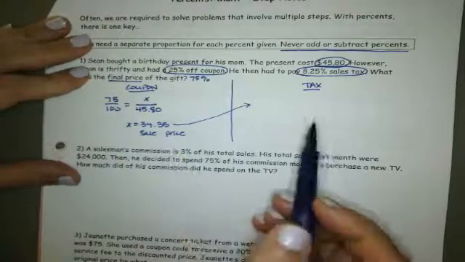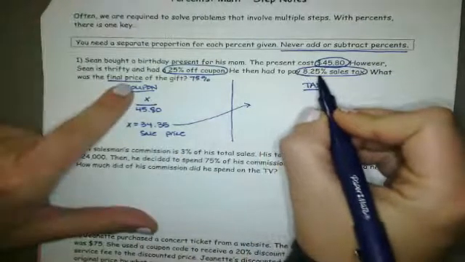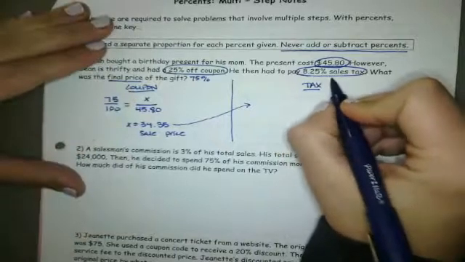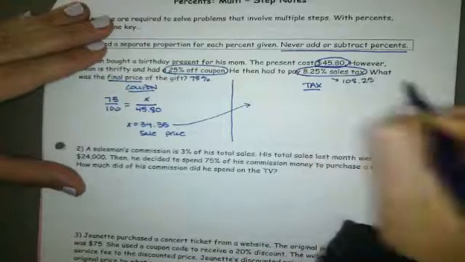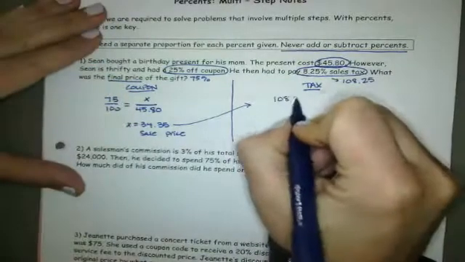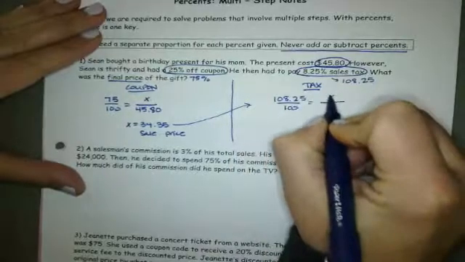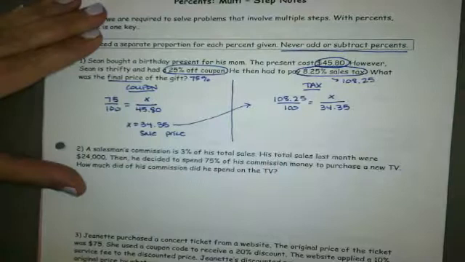So now to find the tax, this is 8.25%. And we want to know the total, so we're going to end up adding that on. So remember, 8.25 plus 100 is going to give us 108.25%. So that's what I'm going to put over 100. And again, we're paying tax on the $34.35.